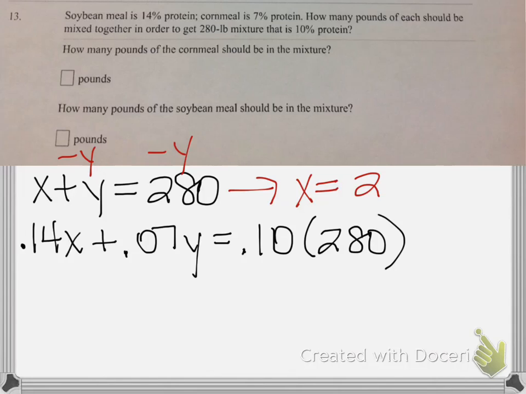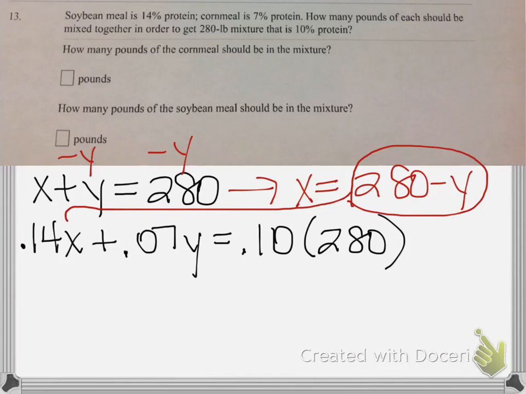So 280 minus Y. Now when I do that, that means if X equals all that, I can take that and plug it in right here and solve. I'm obviously not going to have enough space to do this.